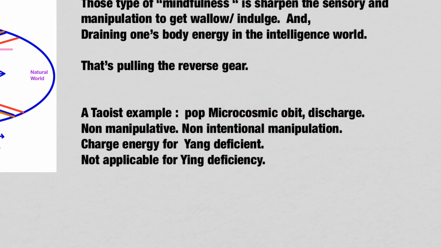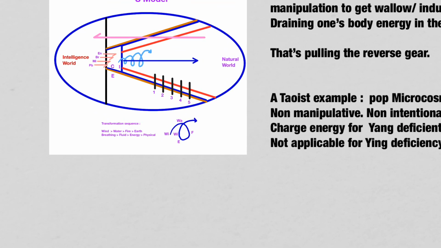It's not like what you hear in general today: you have heat in your lower abdomen, you move this heat, this energy, up your spine and down from the top of your body, all the circulation. No, the real microcosmic orbit is non-manipulative, running naturally, non-intentionally manipulated. Because it is in the natural world, things run naturally. It's not here where you manipulate things.